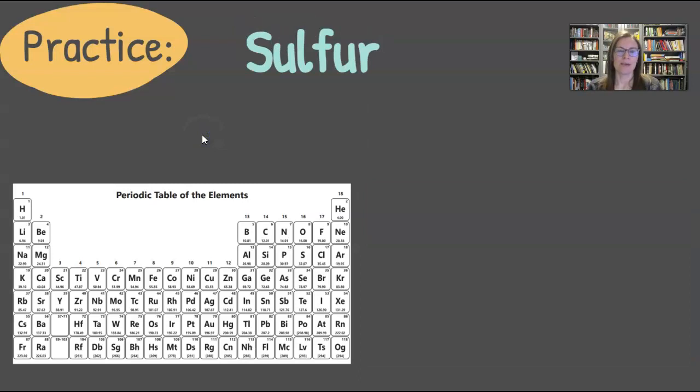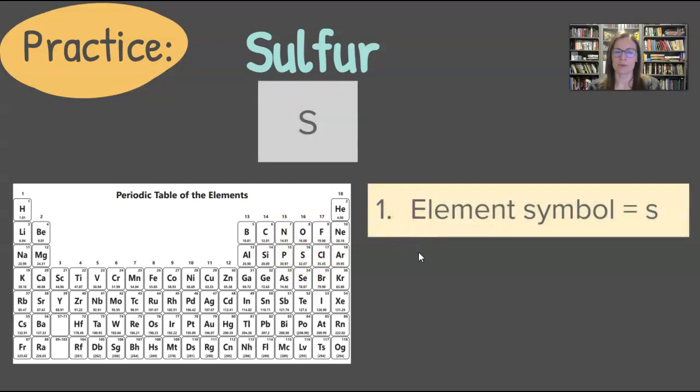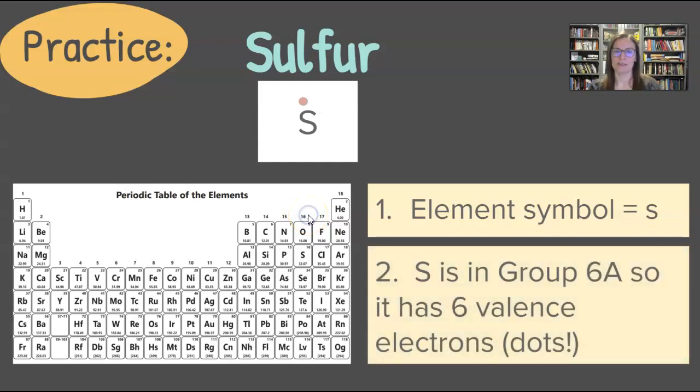And the last one is sulfur, atomic number 16. We'll put the symbol and then we'll add those dots. It's in group 16, which is the same as 6A. So we need 6 dots. 1, 2, 3, 4, 5, 6. Okay?